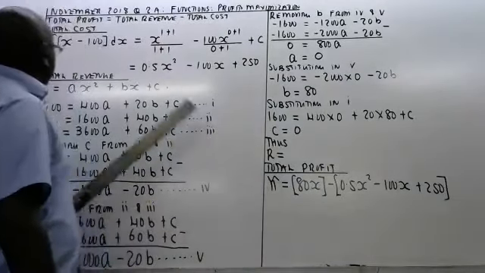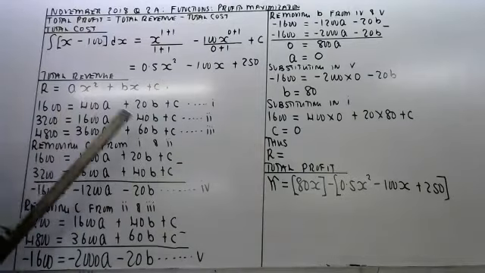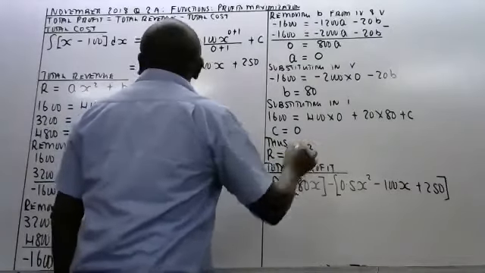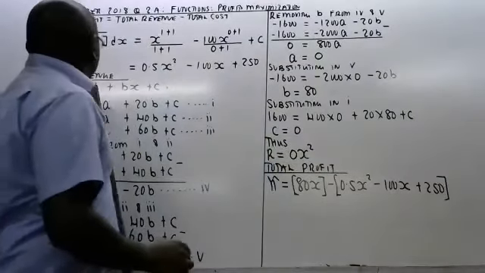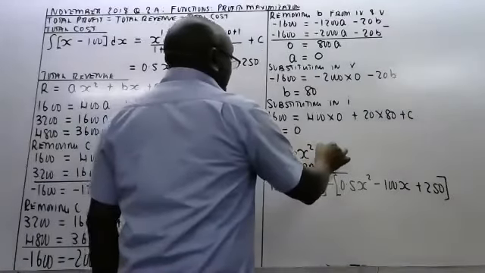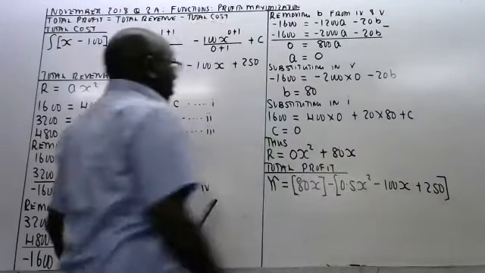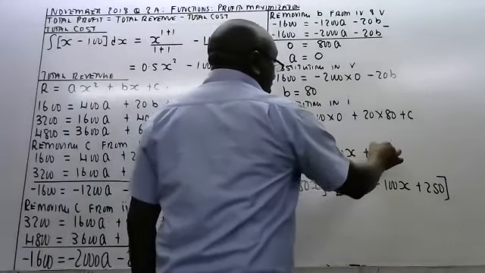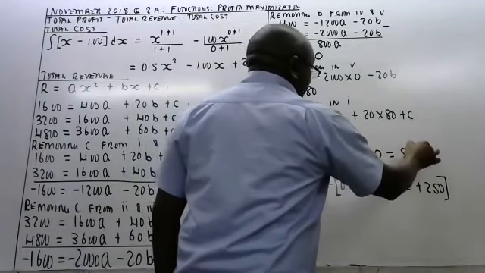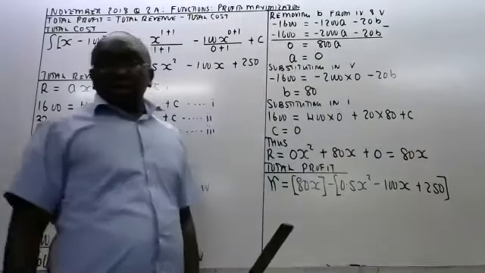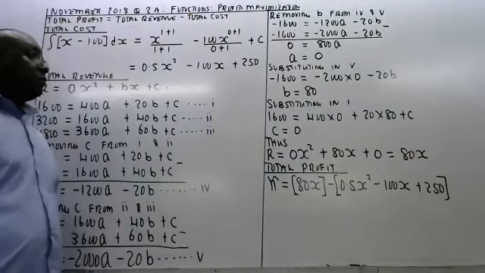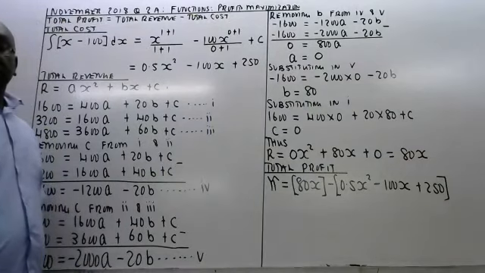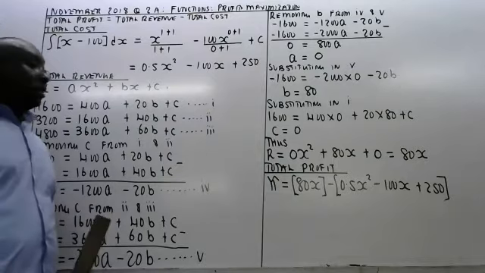So if you go by the equation that we have here, it will be 0x squared because A is 0, plus 8x because B is 8, plus 0, and this is the one that is giving us 8x. Is that okay? Good.